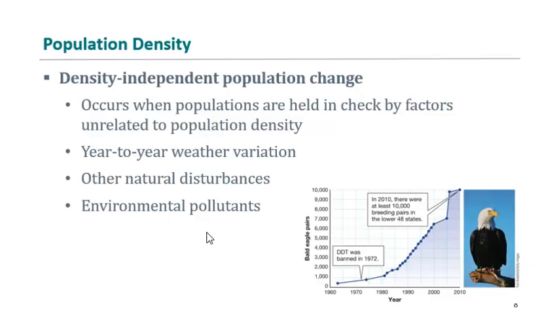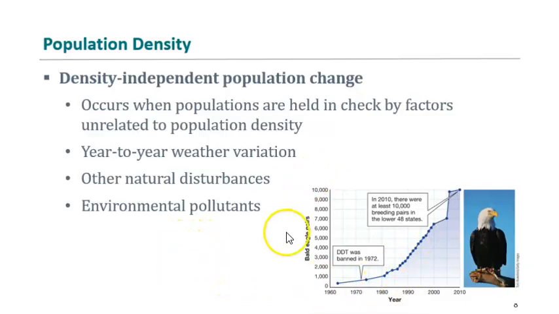So the grasshopper population starts to decline. The population does not reduce in size because it was too dense, but because of the impact of the drought, which had nothing to do with the density of the population. All right, so it had to do with the plants dying and the soil moisture. So that was density independent.